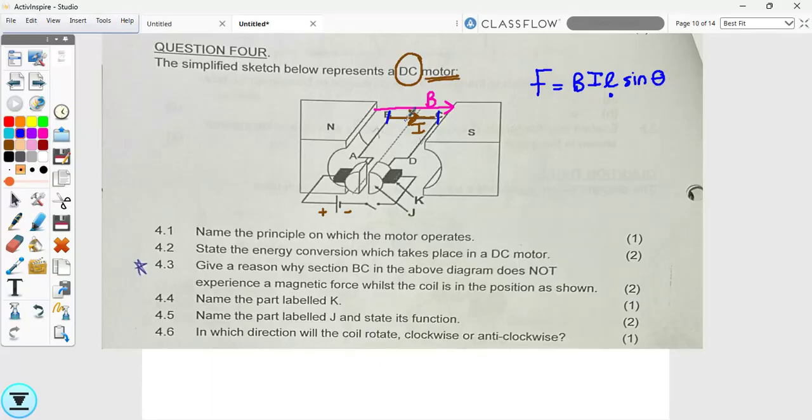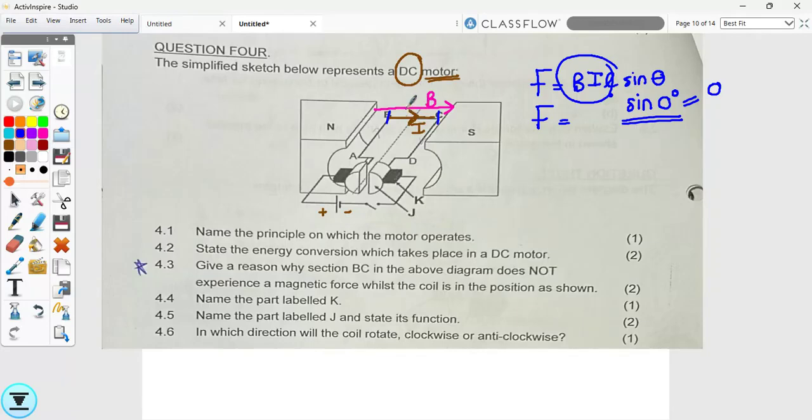In our case, it's from north to south, so the angle is zero. So this is going to be sine 0 degrees. And what is sine 0 degrees? Zero. So it doesn't even matter what these other things are, because sine of 0 degrees is zero, the force is going to be zero as well.